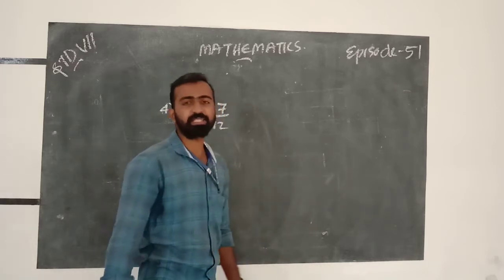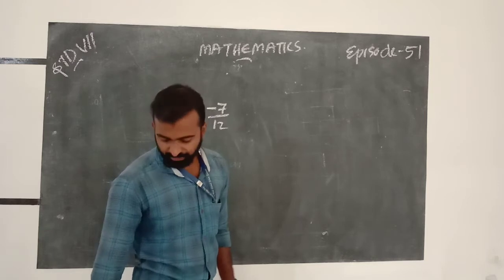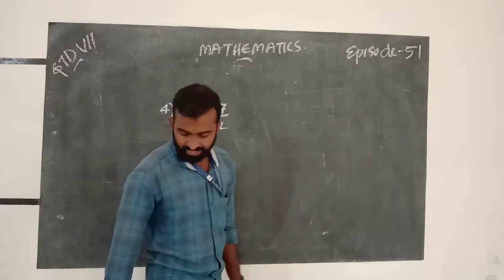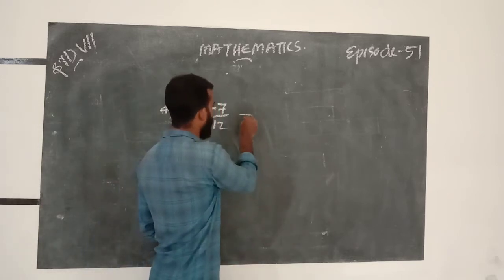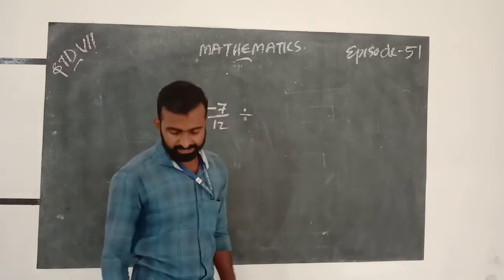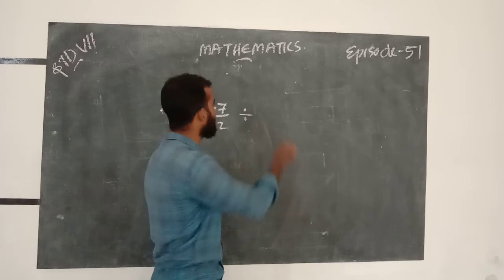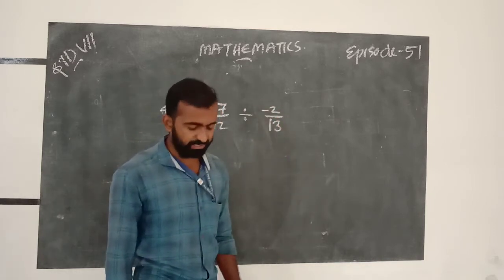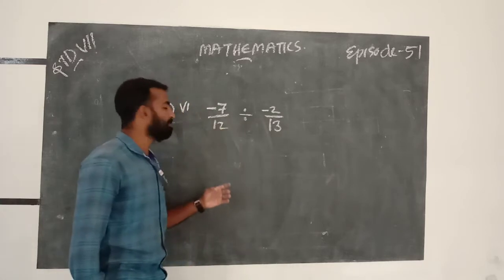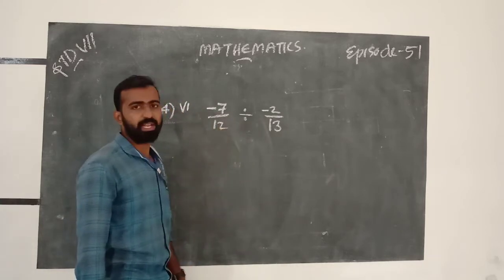We are doing the operation of division. So negative 7 by 12 divided by negative 2 by 13.